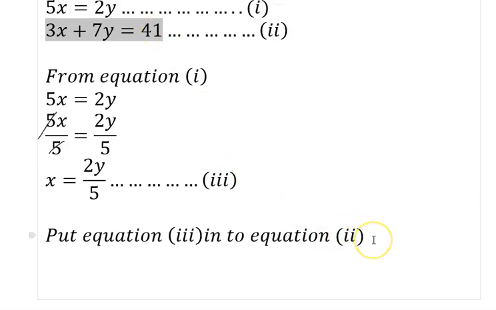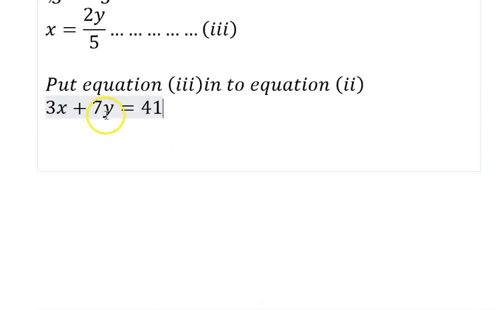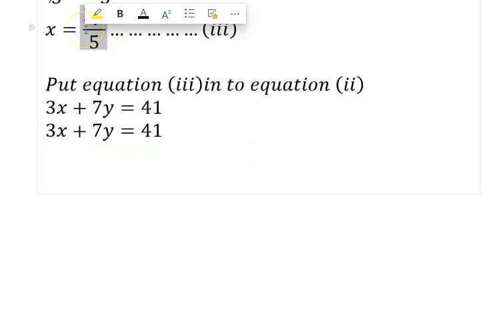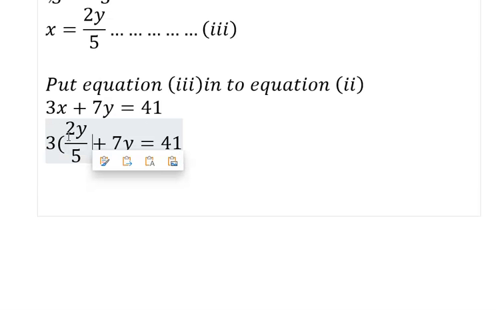By implication, it means in equation 2, anywhere we see x, we put 2y over 5. That's the meaning. So anywhere we see x, we put 2y over 5, because we've made our x to be 2y over 5, so that we can substitute. So anywhere we see x, we put what? 2y over 5. So we have x here. Let's put it. 2y over 5.